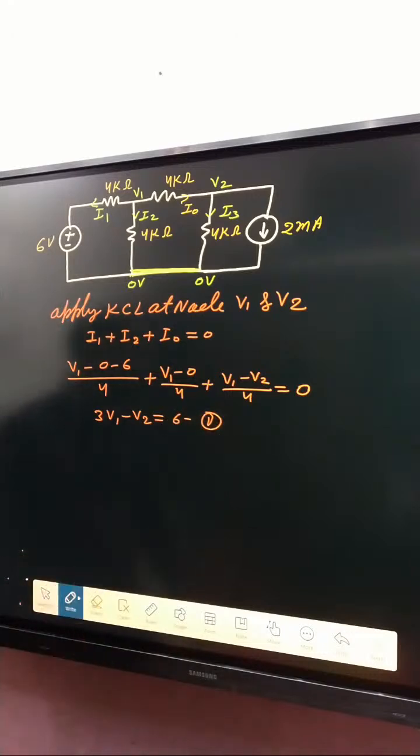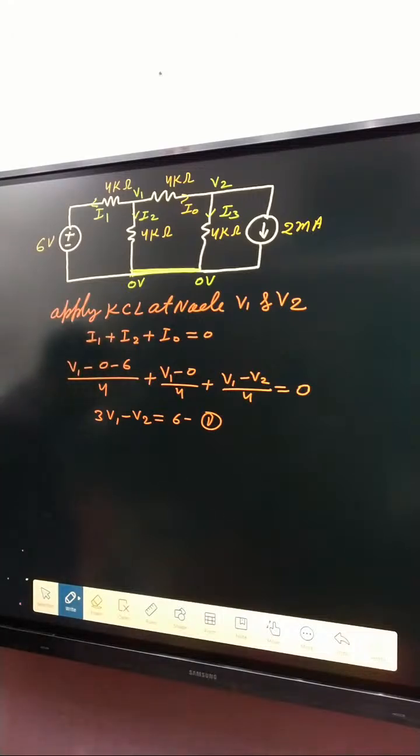This is equation number 1. If anyone faced a doubt, comment it, and I will discuss again.